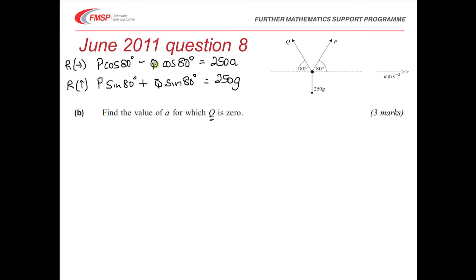If we put in Q equals 0, then the first equation gives P cos 80 equals 250A, and similarly the second equation gives P sin 80 equals 250g. And we're asked to find the value of A for which Q is 0.